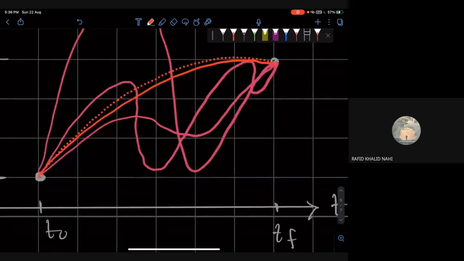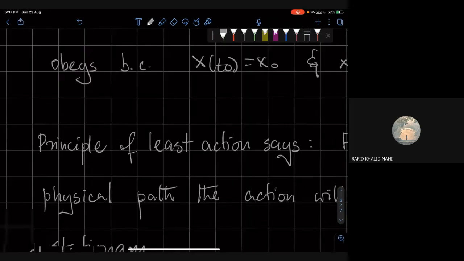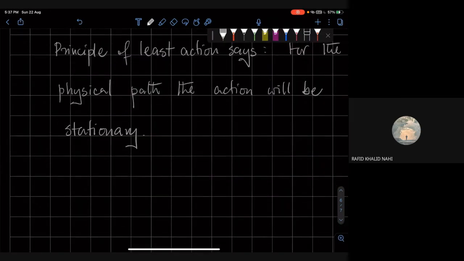So then, of course, your action would change in principle, right? But what the principle of least action is saying is that when you change the physical path to a neighboring path, the change in the action is 0. Okay? This is what it means for the action to be stationary.